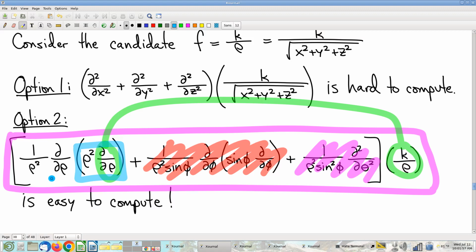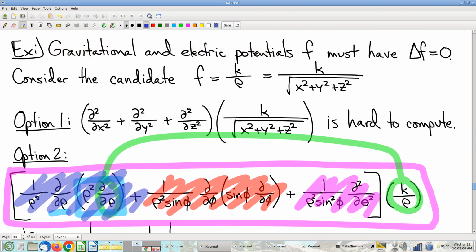And when I take a partial of a constant, I get 0. And so again, this whole thing here turns into 0. And so we're done. And this is 0 as required. Again, way, way easier than rectangular coordinates.